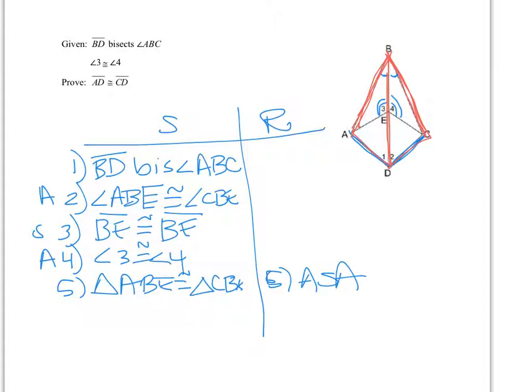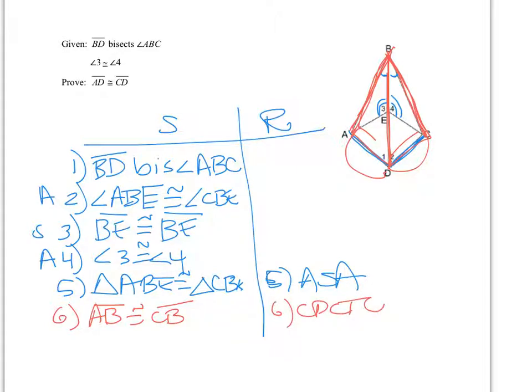We already have the two angles from the bisection. We have that longer reflexive side. We have AB and CB by CPCTC, and those two triangles will get us what we are trying to prove. So step 6, AB congruent to CB by CPCTC.